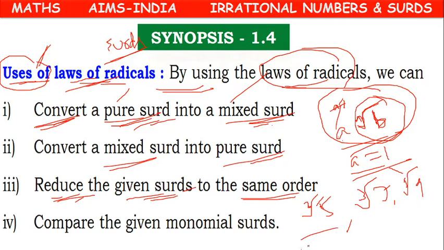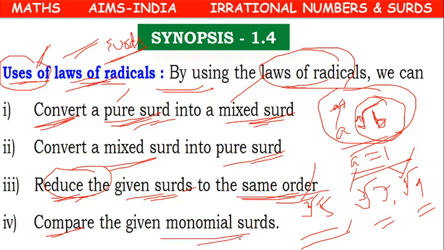Like this, if we have surds of different orders, here order is 2, here order is 3, here order is 5, we can reduce them to the same order by using the laws of radicals.